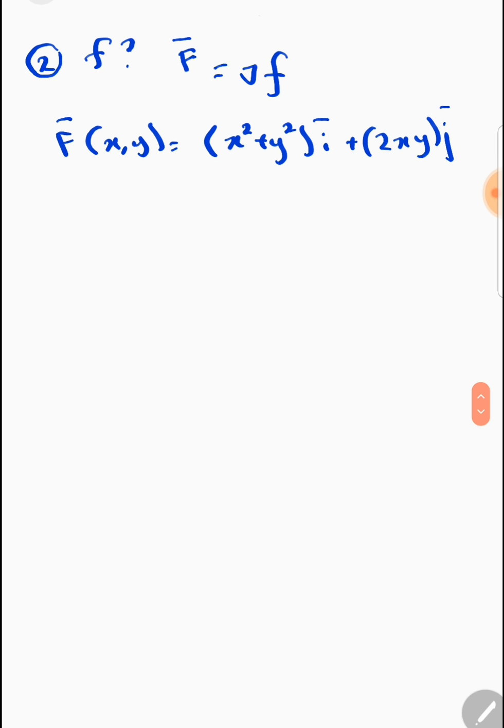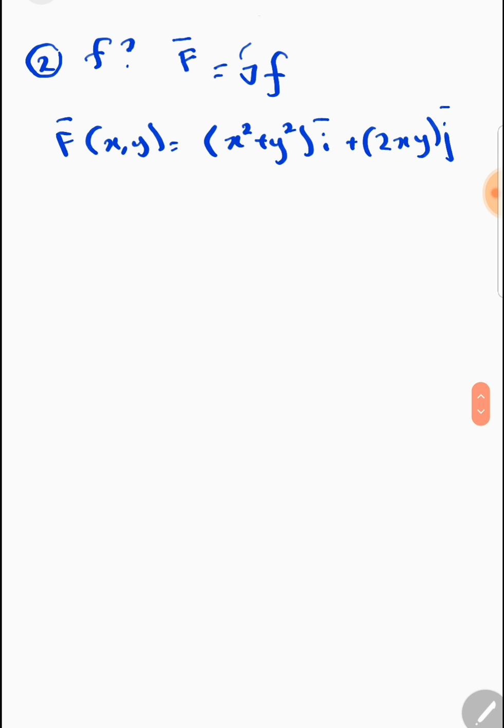Okay, and they want us to get the f. Alright, so the first step that we can do is that if my F bar is applicable to this equation, which is equivalent to the gradient of f, that basically means this whole equation here is actually the gradient of my f, right?